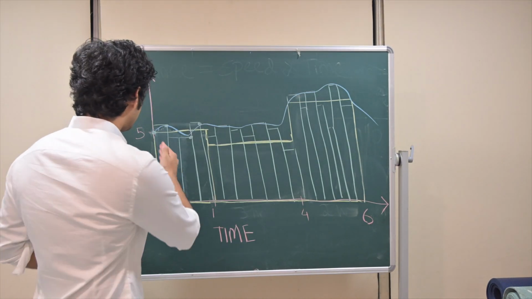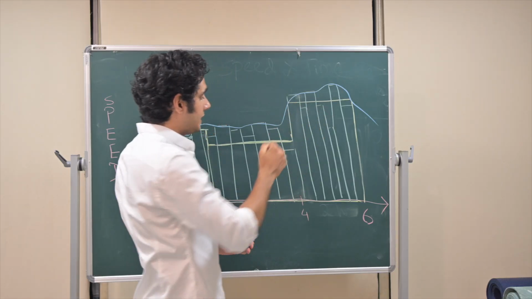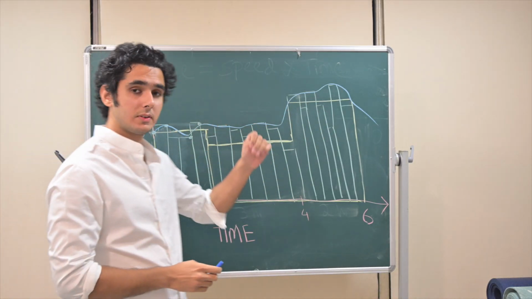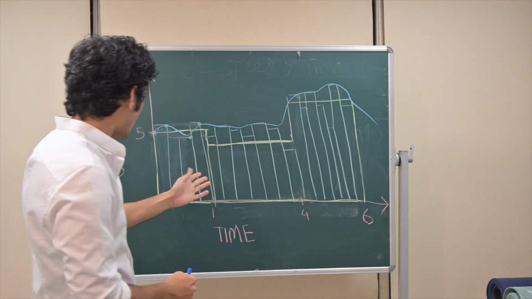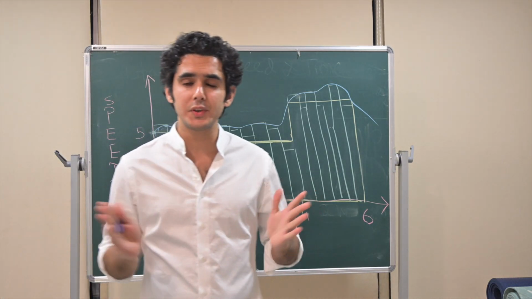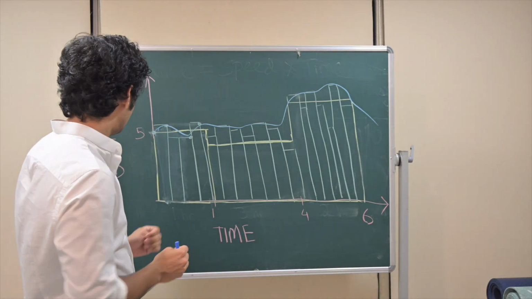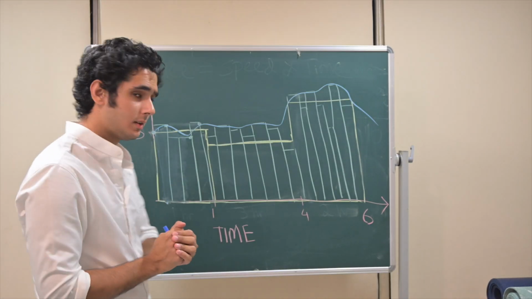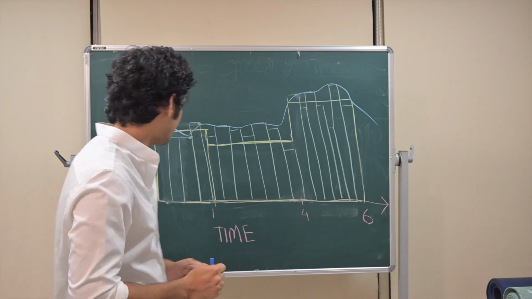Now, if the speed across our journey is depicted by a curve, what happens to our boxes? Our boxes become infinitely thin. They have no width anymore. This is a bit difficult to visualize.